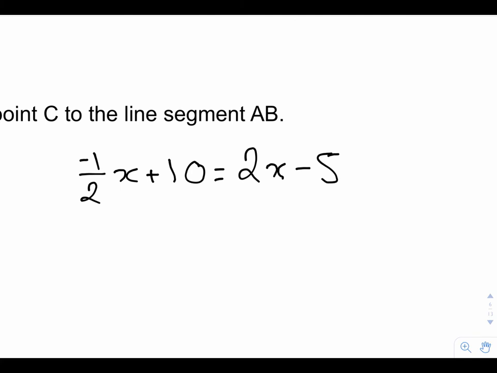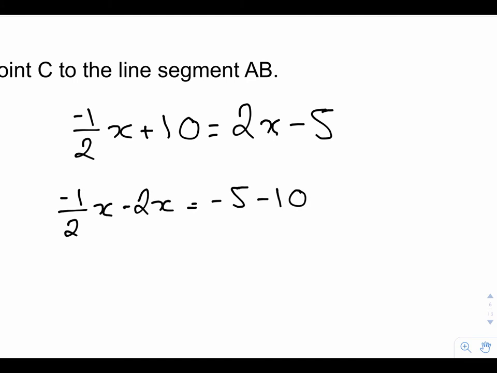So let's begin. I'm going to use substitution here and rearrange to isolate my x variable. On my left-hand side, I'll bring my x values. So negative 1 over 2x minus 2x is equal to negative 5 minus 10. And this now becomes negative 2.5. So I'm going to change this fraction to a decimal.